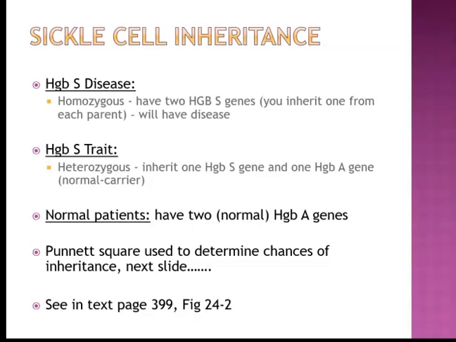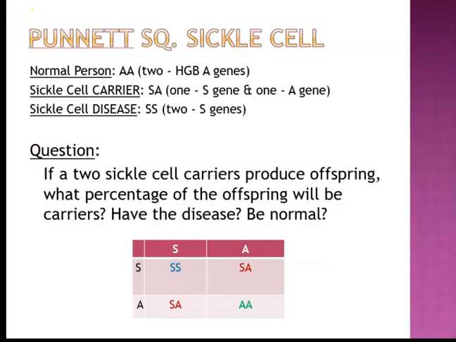So let's use the Punnett square to determine the chances of inheritance on the next slide. The question that is posed is, if two sickle cell carriers produce offspring, what percentage of the offspring will be carriers, what percentage will have the disease, and what percentage will be normal? Now let's look up here at the top. A normal person's genes will be AA.